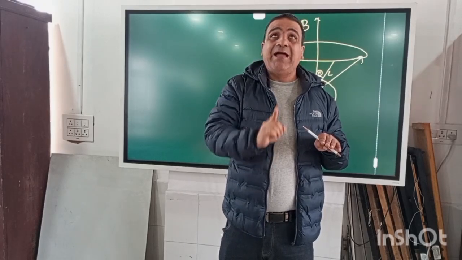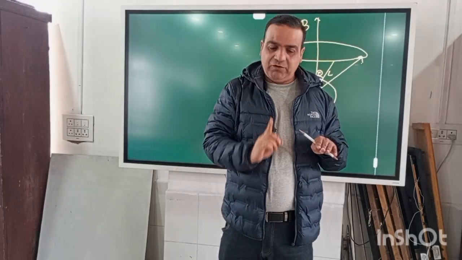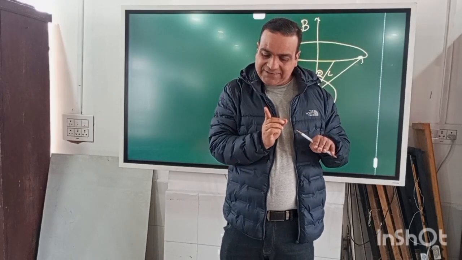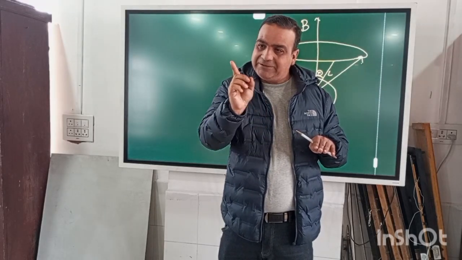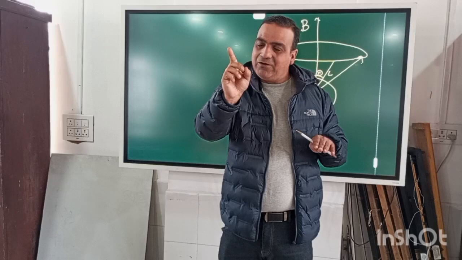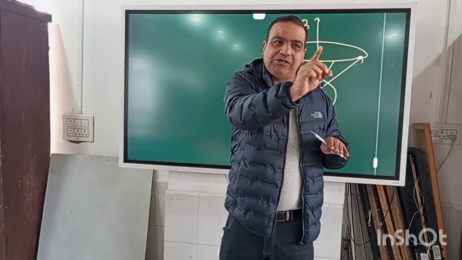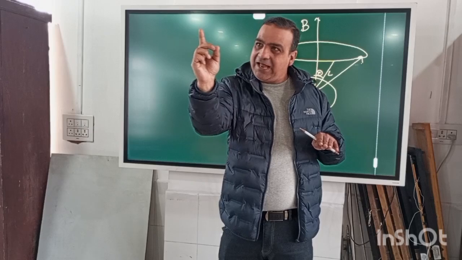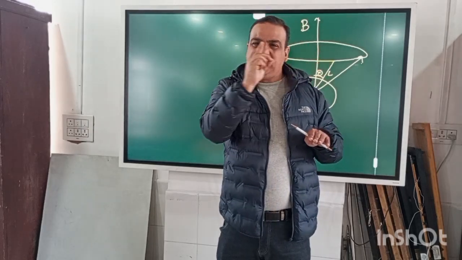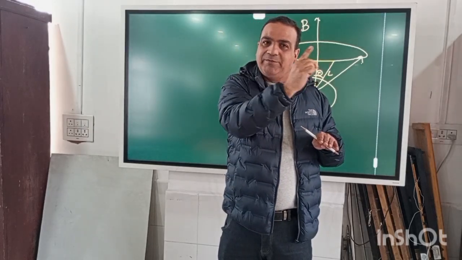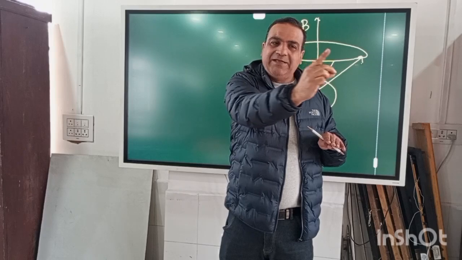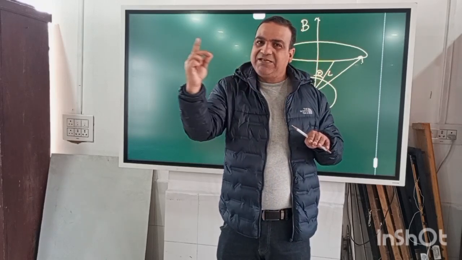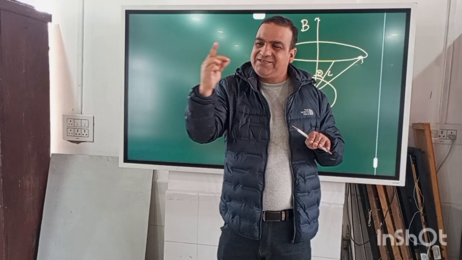When I apply the magnetic field in this direction, the direction of this angular momentum keeps on changing. At the same time, one thing you have to keep in mind is that the magnitude of the angular momentum does not change. It's conserved, it remains the same.